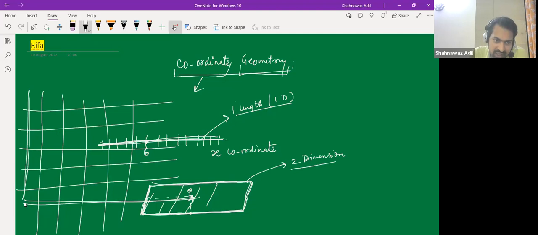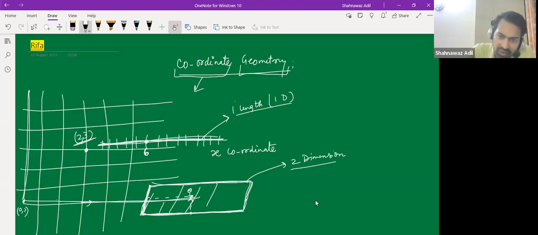And I will say this is the 0, 0 point. If some object is at this location, I will say that this object has moved 1, 2, 3 in the x direction, and in y, it has moved 1, 2, 3. So this is the 2, 3 location. Okay.